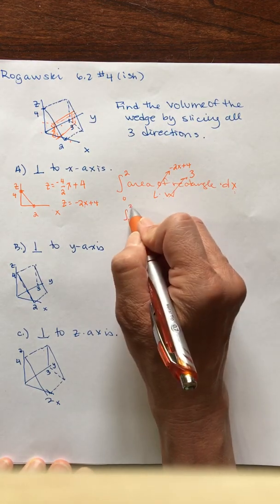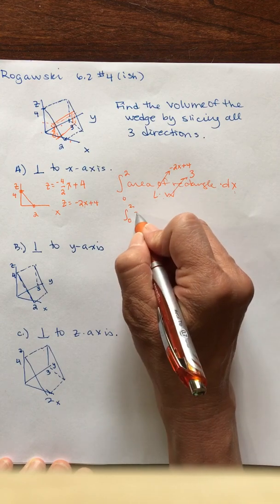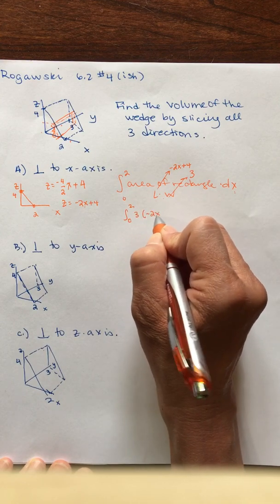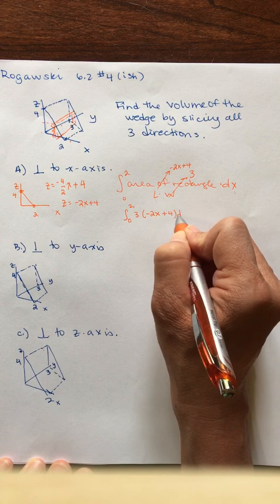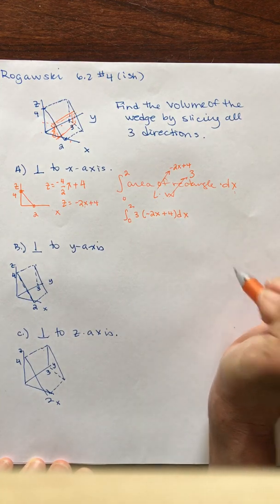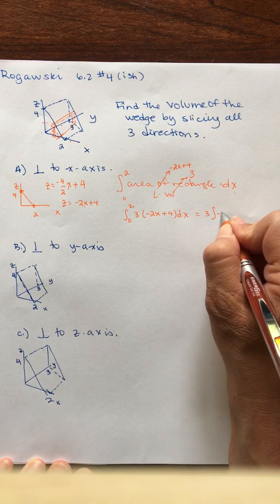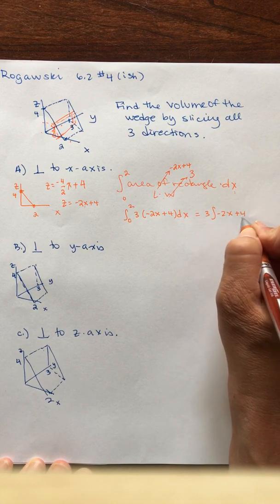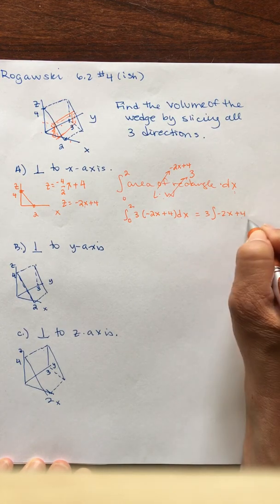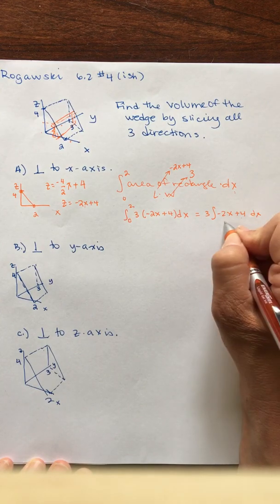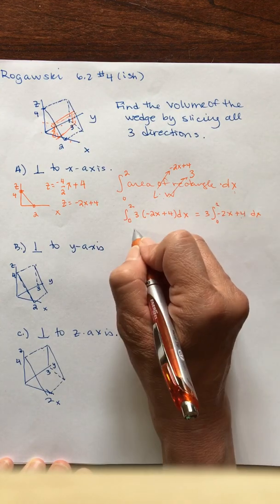That's okay. So 0 to 2, my area is 3 times negative 2x plus 4 dx. The 3 can come out. Negative 2x plus 4. Remember, the 4 can't come out because it's not a multiplier. It's an actual term, and it has an antiderivative that we need to find.